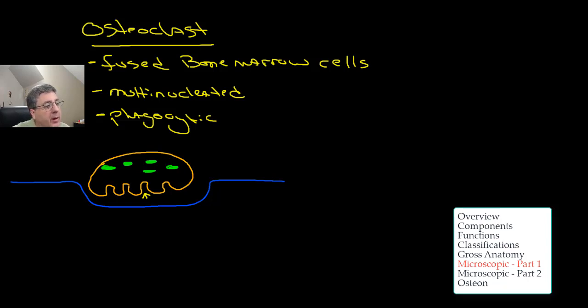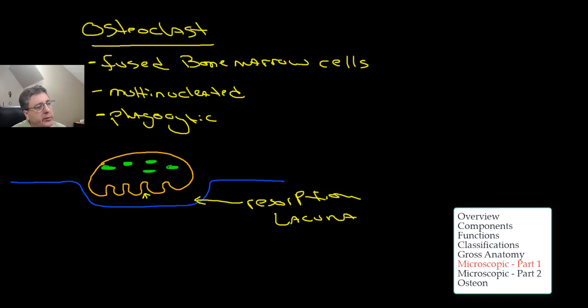Now this ruffled end in this area will secrete enzymes that break down this bone tissue. This little depression is called a resorption lacuna, L-A-C-U-N-A. The pit or depression is called a resorption lacuna.